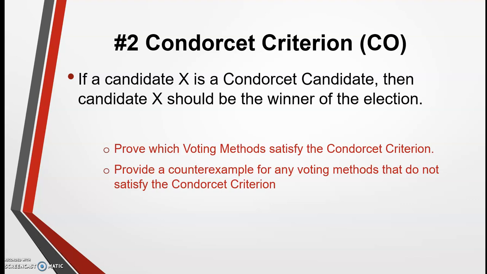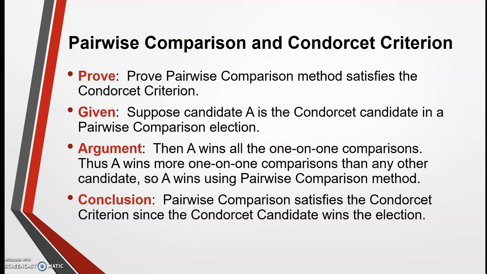So let's look at which voting methods satisfy this criterion and which ones do not. Let's start with the pairwise comparison method. Remember that the pairwise comparison method chooses a winner based on the number of points that the candidate has, and those points come from the pairwise comparisons.